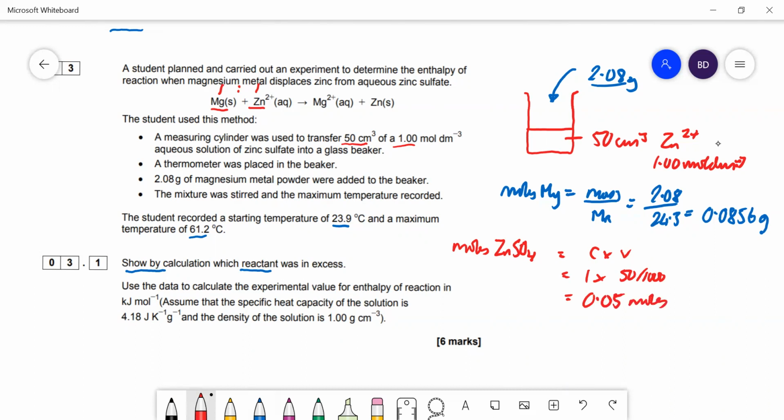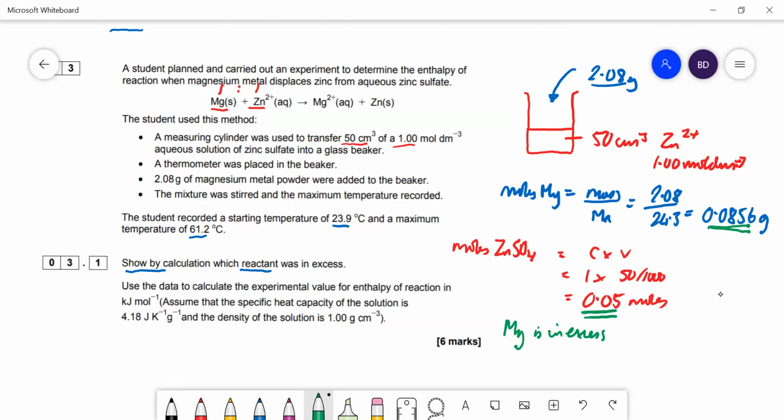Now we can see we've got more moles of magnesium than we have of zinc, so the Mg is in excess. So not all of the magnesium is going to react. Only 0.05 moles of the 0.0856 moles is actually going to react there. And we need to remember that in the next bit of the calculation.